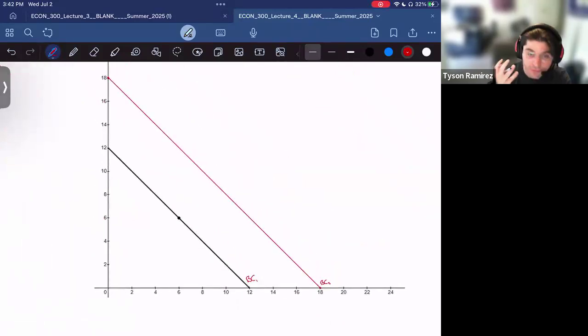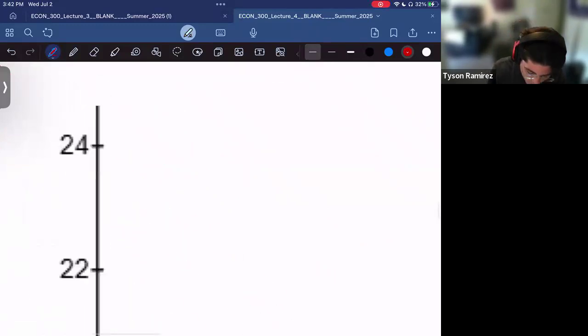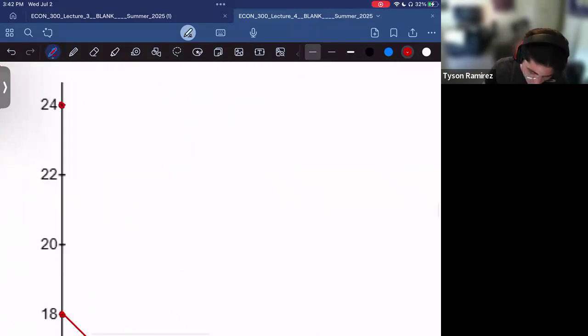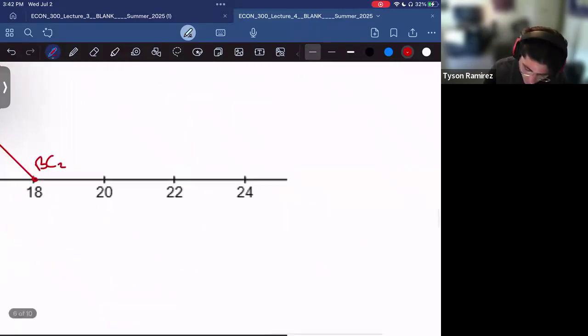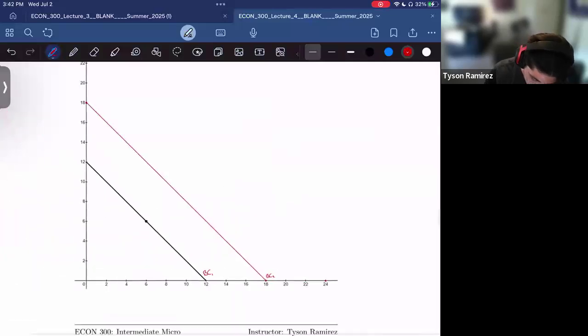All right. And if we do the same thing, but now instead of $18, we have $24 to spend, that's our new income, then we're going to call this budget constraint 3. What you should have found was that you'll have intercepts at y equals 24, and then another intercept at x equals 24.